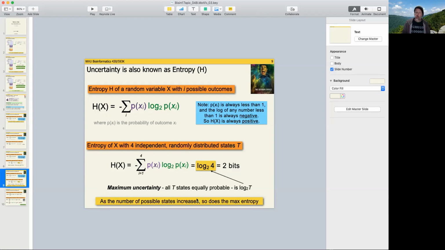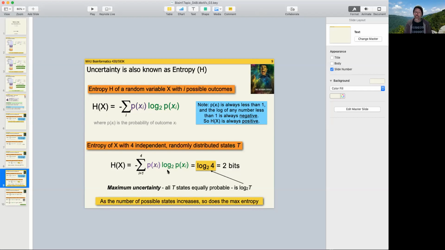Now, the systems will differ. One major way they differ is how many states are possible. In a biological context, you can think of it as 4 states if you're talking about DNA, 20 states if you're talking about amino acids. The number of states will determine the maximum uncertainty possible.